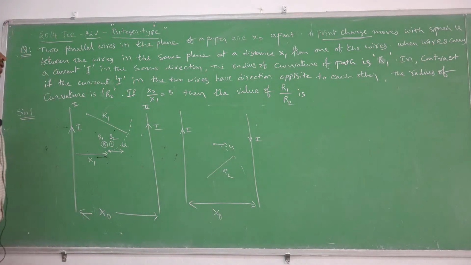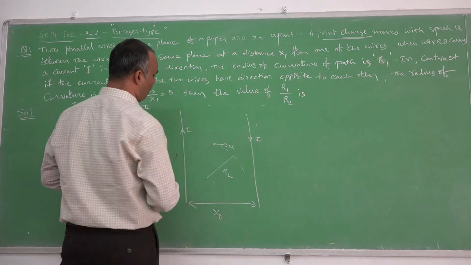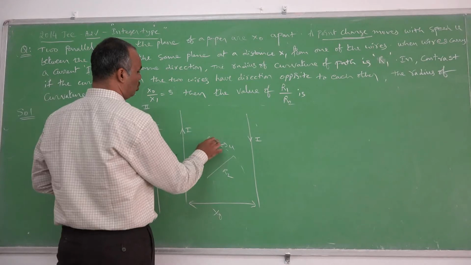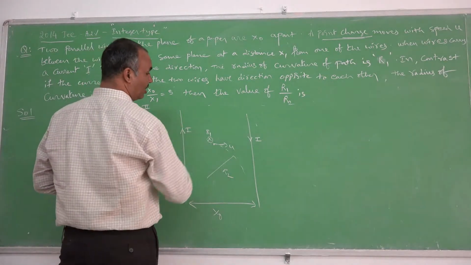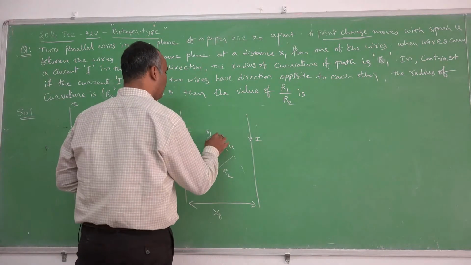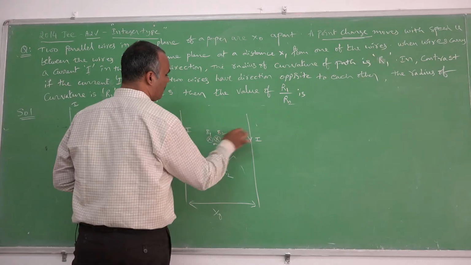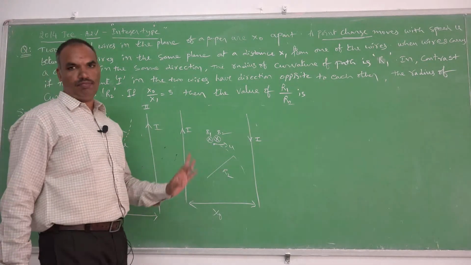Here the magnetic field might have magnitude b1 due to the first conductor like this. Due to the second conductor also, the magnetic field is into the paper. Now the radius of curvature is r2.